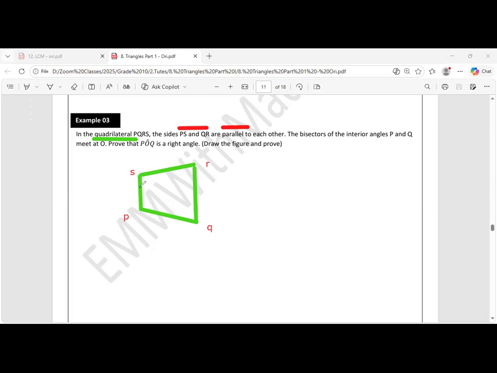This side is parallel to this side because PS and QR are parallel to each other. This is the quadrilateral that you need to know.